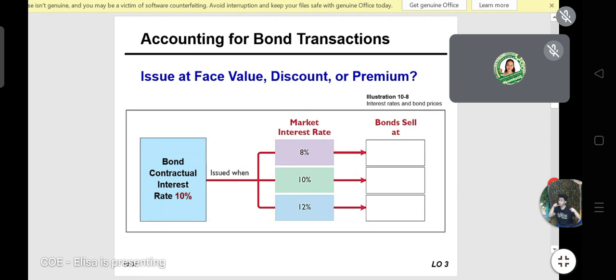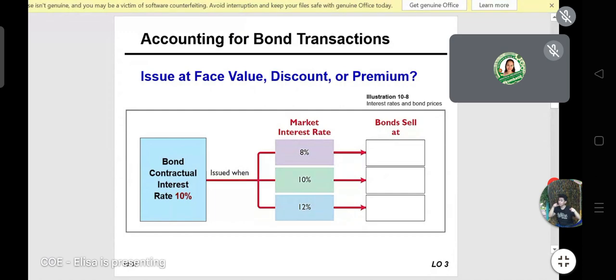The prevailing market interest rate is only 8%, but you offer your product at 10%. So you offered it at a premium.